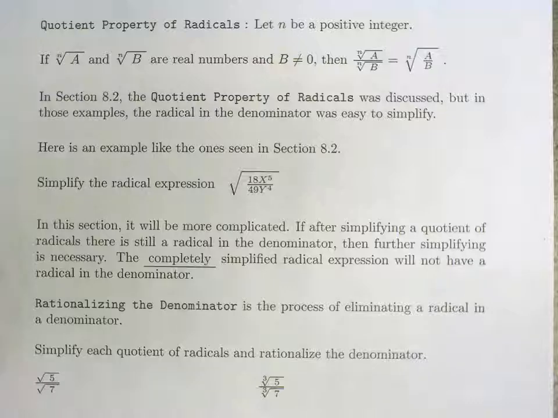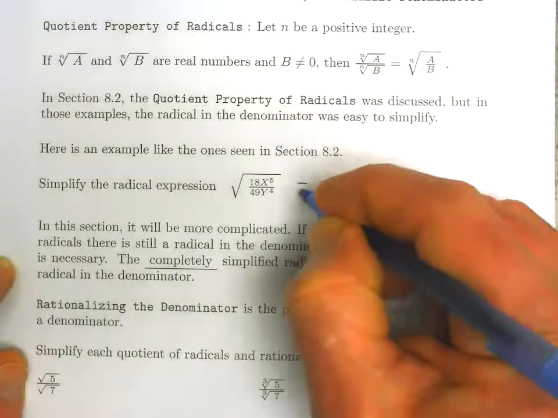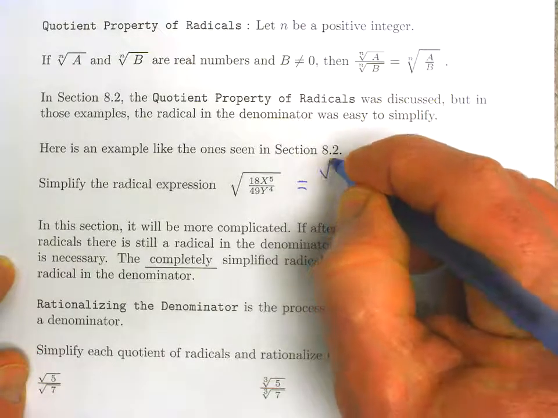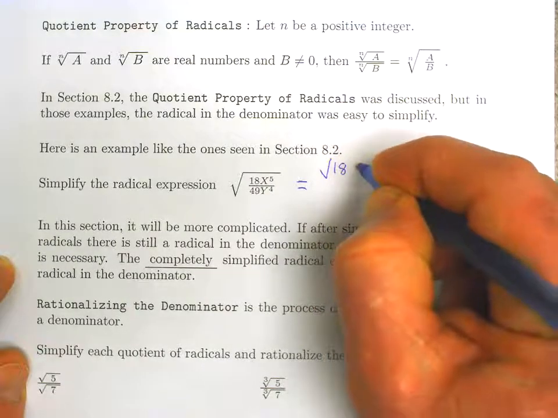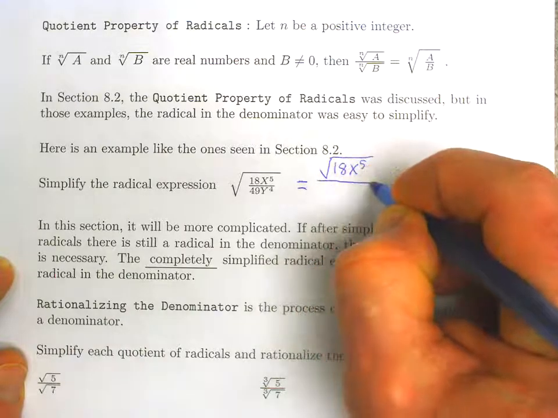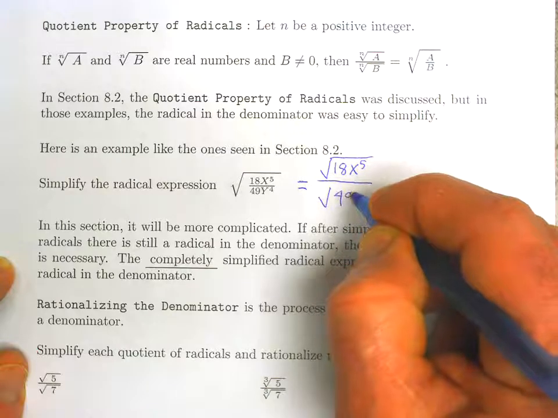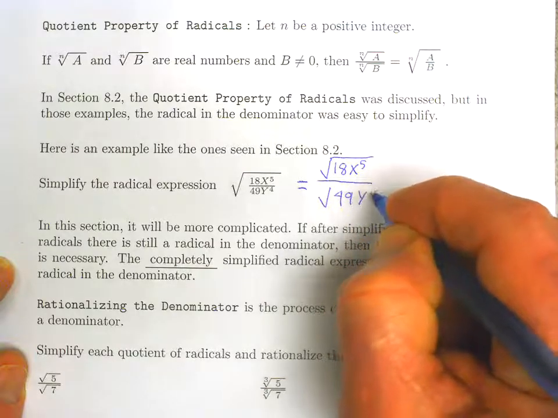We can apply the quotient property of radicals and write this as the square root of 18x to the 5th in the numerator, and in the denominator, the square root of 49y to the 4th.